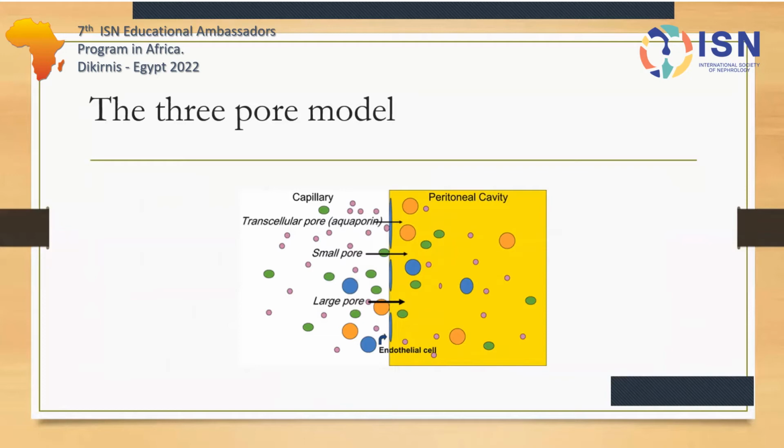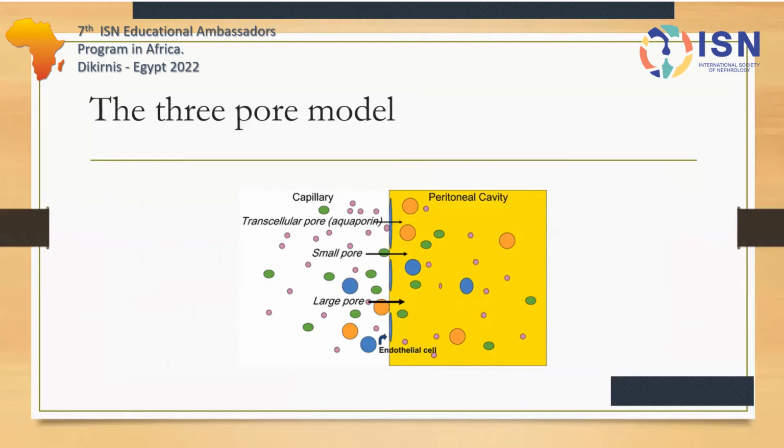Around them you see different colors: green, purple, blue, and orange. Those colors represent uremic toxins as well as water.